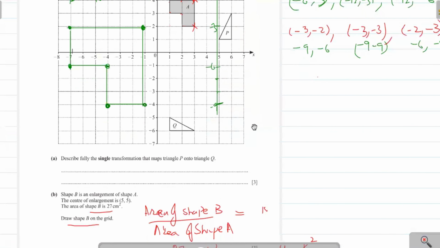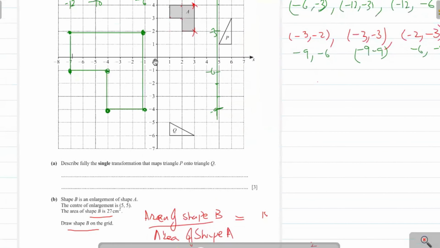Now we will mark all these points with respect to this grid having origin (0, 0).